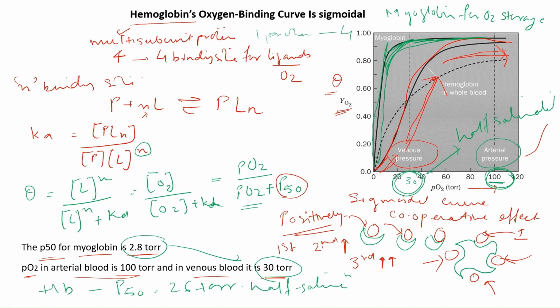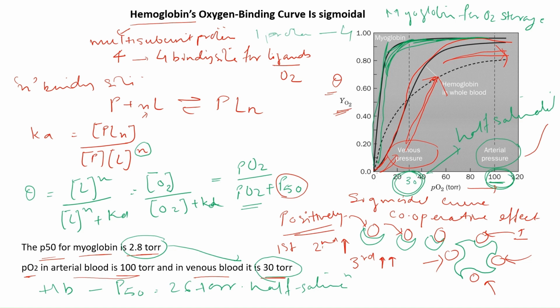The difference in the concentration of oxygen in the arteries and the veins can be sensed by hemoglobin and not by myoglobin, because for myoglobin, both pressures are much higher compared to its P50. So for myoglobin, it is very difficult to sense the venous and the arterial blood.